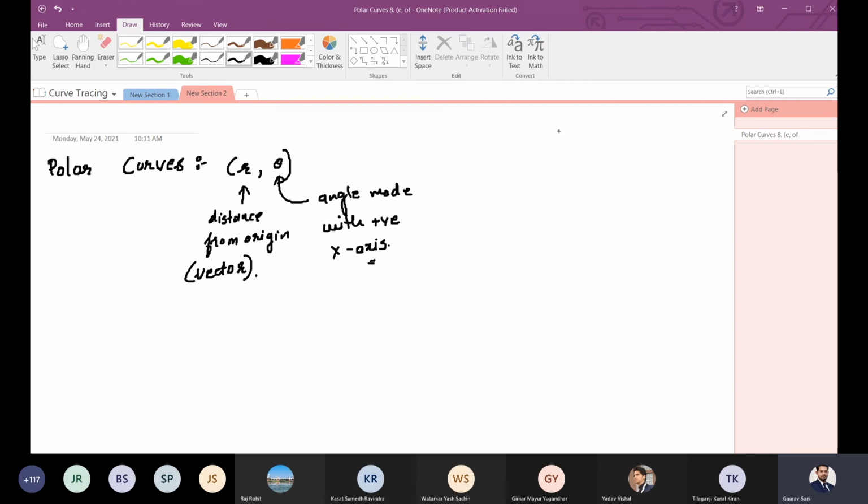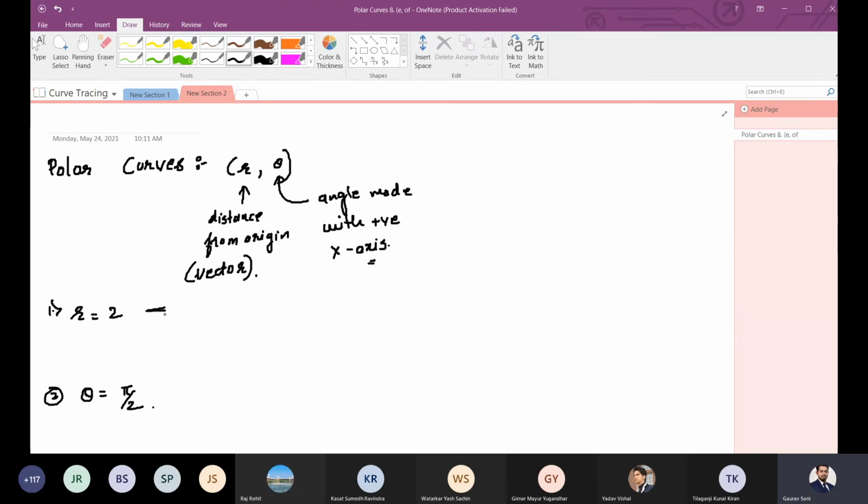Whatever angle it makes with the positive x-axis, that will be theta. So polar coordinates run around this r and theta. Now I will give you two equations. The first one, r equal to 2. And the second one, theta equal to pi by 2. What are these geometrical figures?